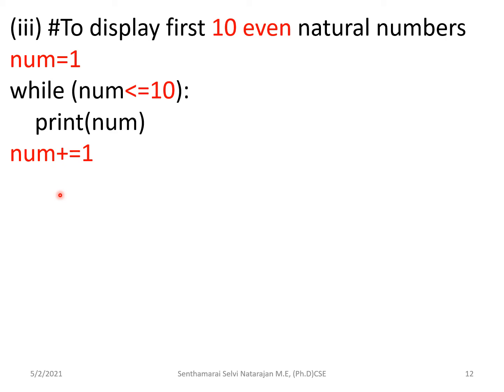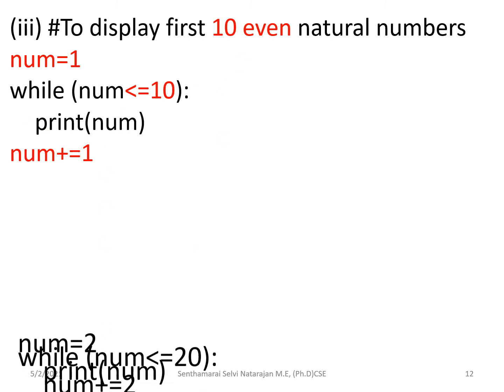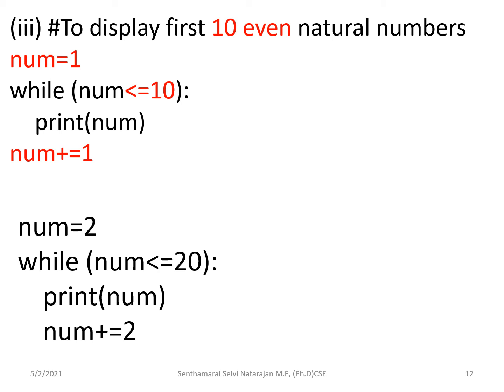If suppose you have the value 2, 2 plus 2 is 4, 4 plus 2 is 6. So here also you have to change the code to get the 10 even natural numbers. I have modified the code and assigned the value. Initially the value is 2, and then going up to 20, and then print the num.